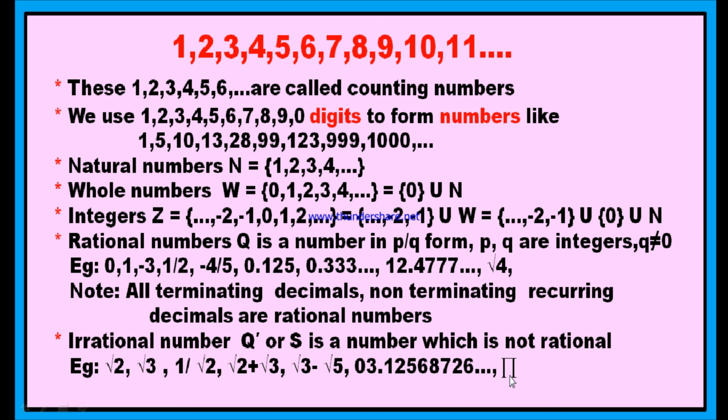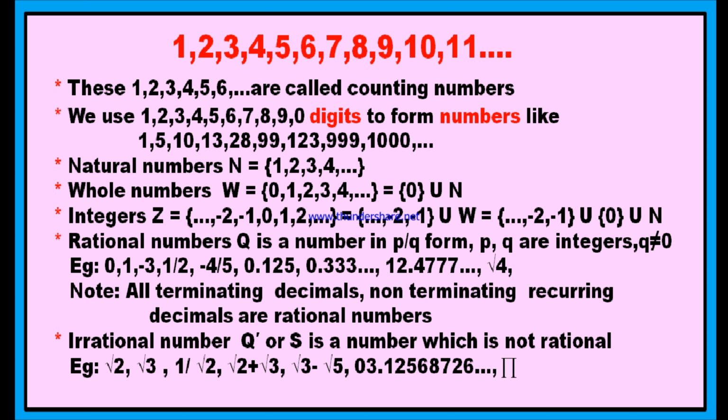And again, pi is also an irrational number. Generally, in the place of pi, you may write 22 by 7. As you wrote pi in the form of a fraction 22 by 7, why is it not a rational number, and how can you say that it is an irrational number, you may ask. Here, even though you can write pi is equal to 22 by 7, it is not its exact value.